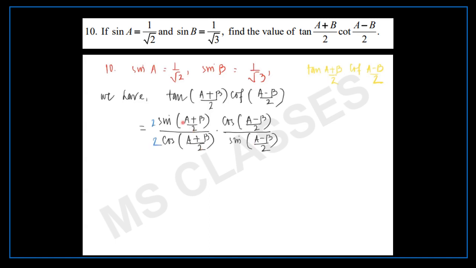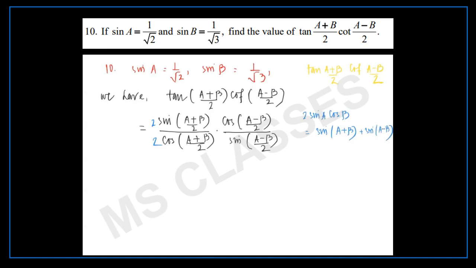Now this is of the form 2 sin A cos B. What is the formula? It is sin(A+B) plus sin(A-B).